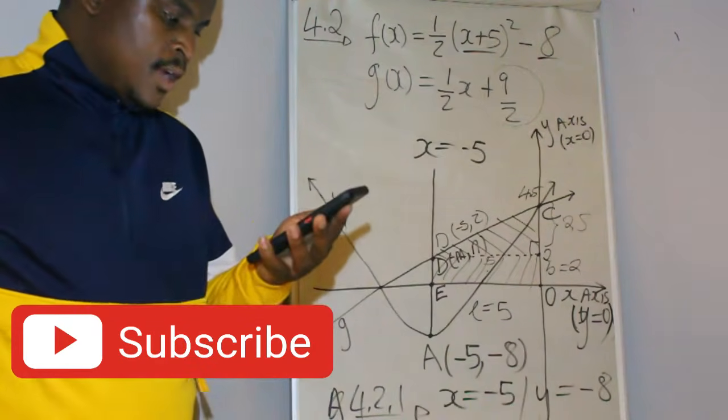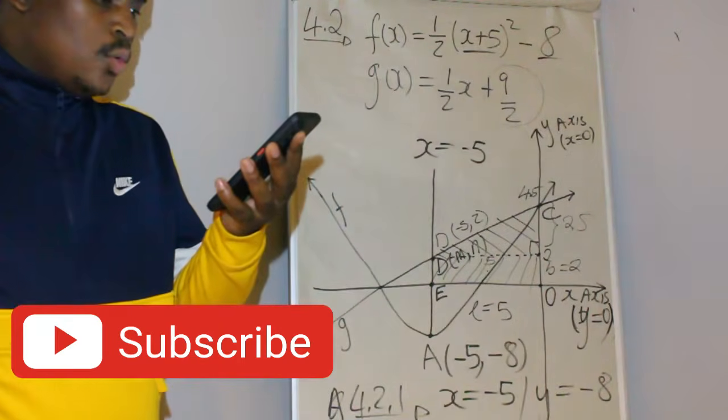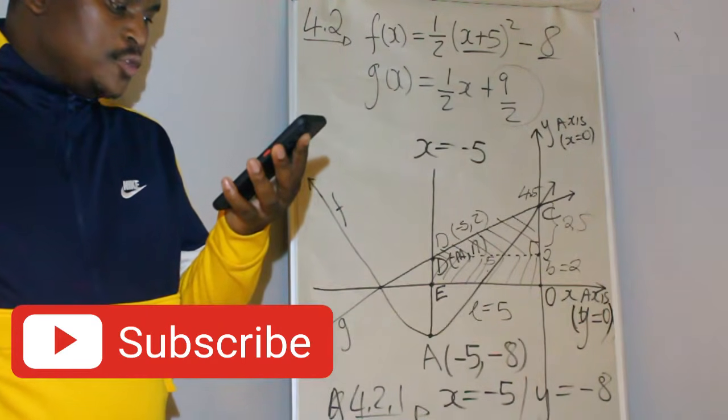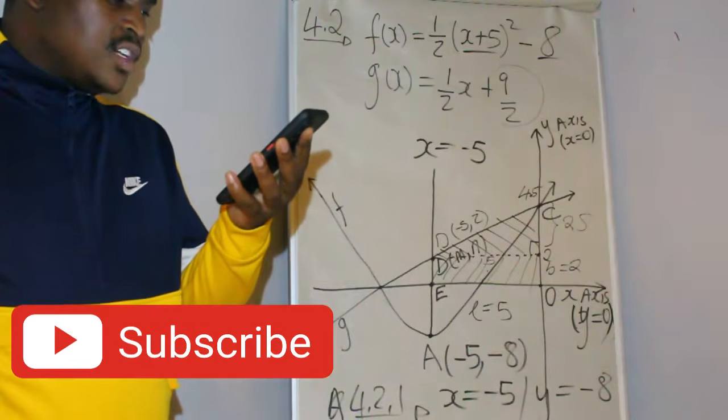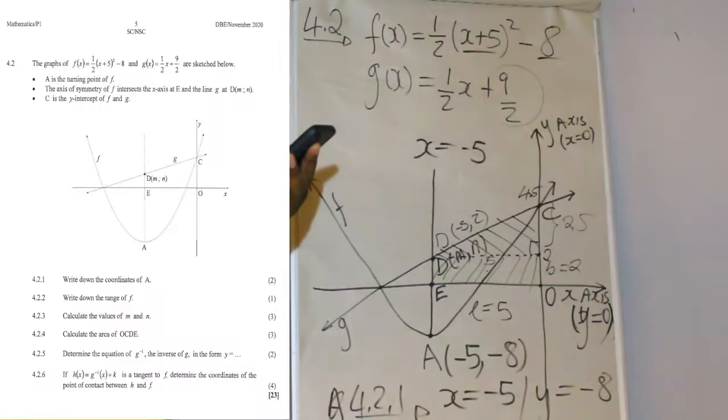So let's do question 4.2.5. Question 4.2.5 reads as follows. Determine the equation of the inverse of g in the form y is equal to.